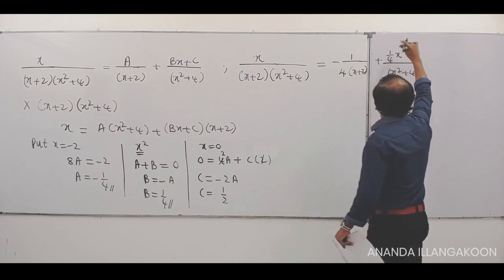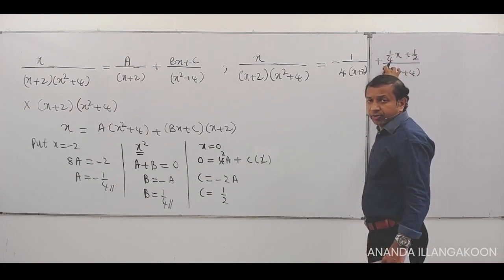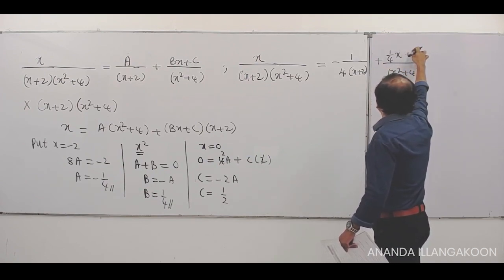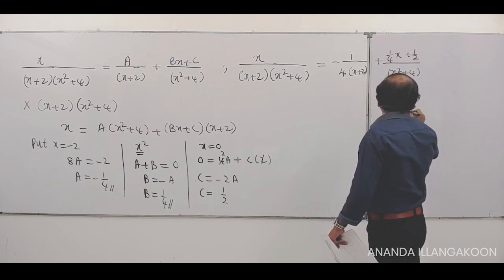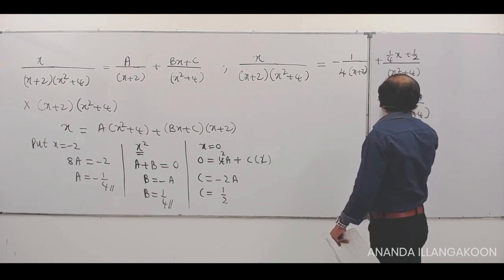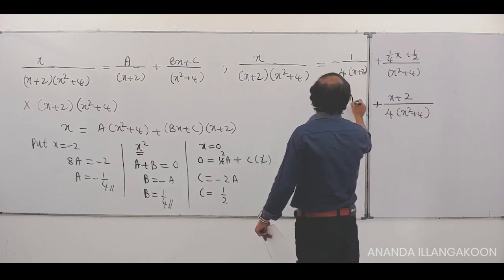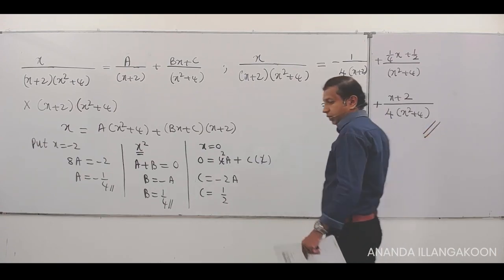Right, this numerator and denominator both I can multiply by 4. Then this is x plus 2 over 4 times (x squared plus 4), and here minus 1 over 4 times (x plus 2). This way we can write the partial fractions.